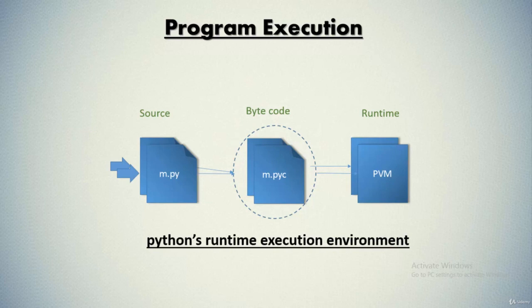In fact, the PVM is just a big code loop that iterates through your bytecode instructions one by one to carry out their operations. The PVM is the runtime engine of Python. It's always present as part of the Python system and it's the component that truly runs your script. Technically, it's just the last step of what is called the Python interpreter.